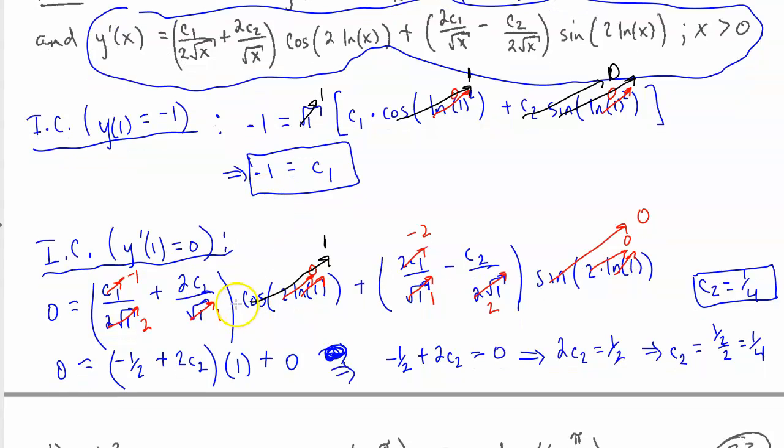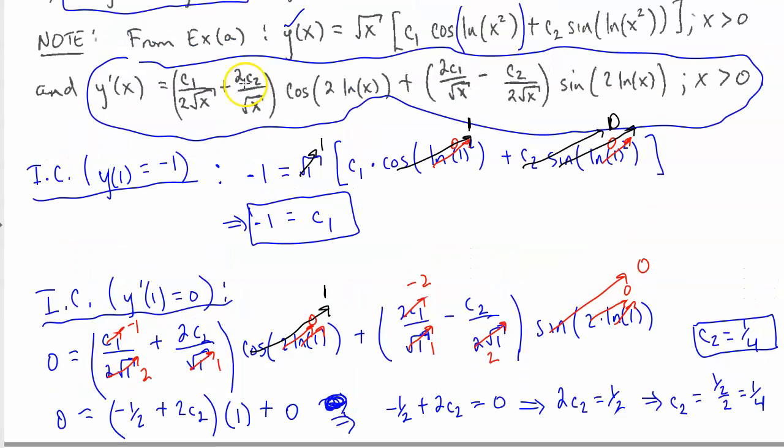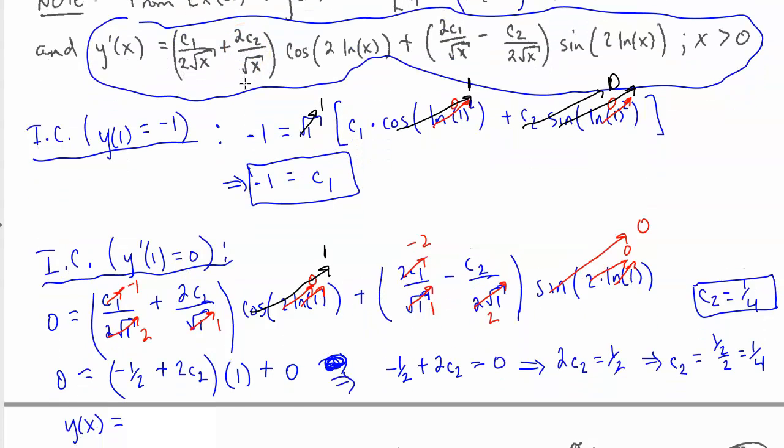And what we'll do here is write the final answer down. So that means y of x, we already have what all this is going to be. So this will be square root of x times C1, and C1 is just negative 1, so I'll put the minus there.